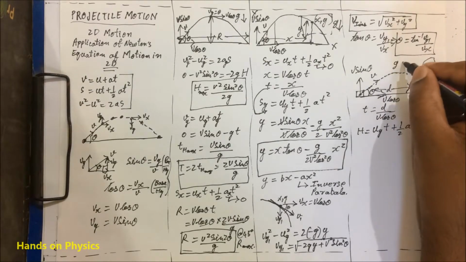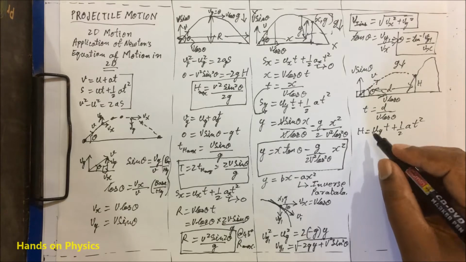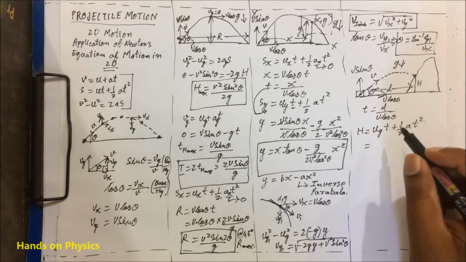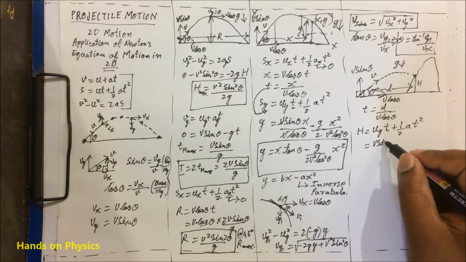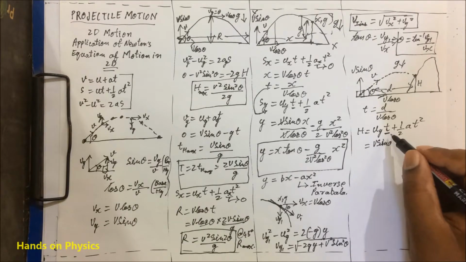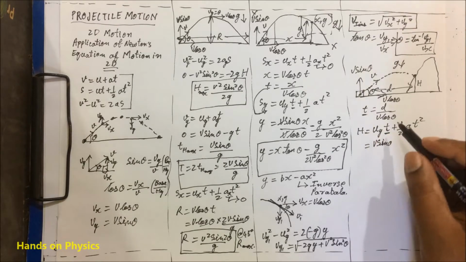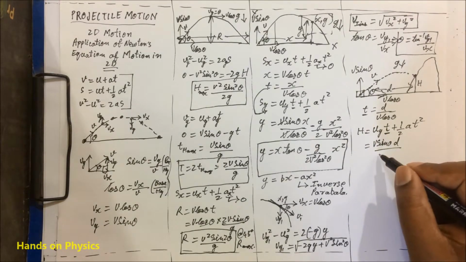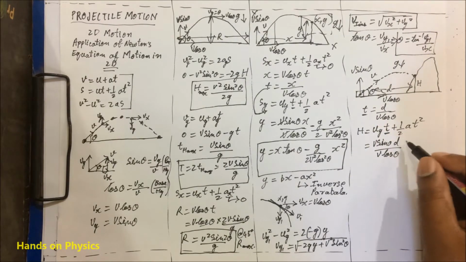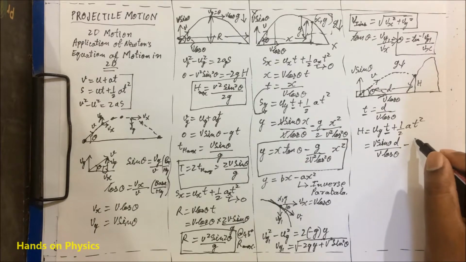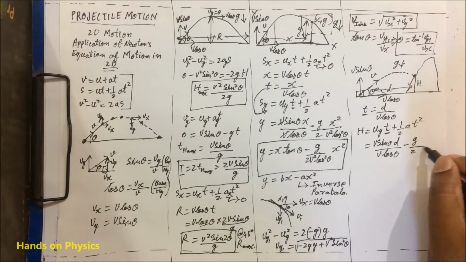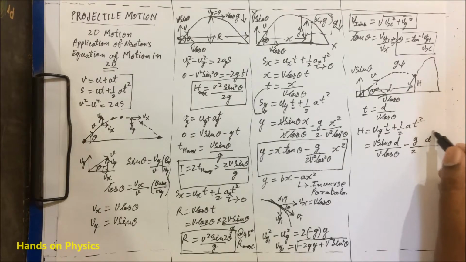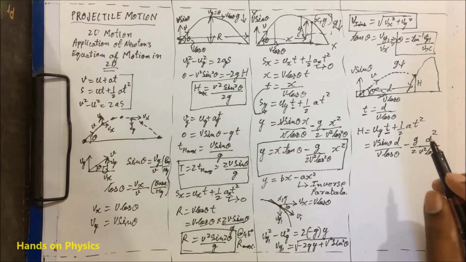Of course there is gravity again acting in the downward direction, so this will become v sine theta, and the value of t we can put from this, that is d over v cos theta, minus g by 2, and t square will be d square upon v square cos square theta.